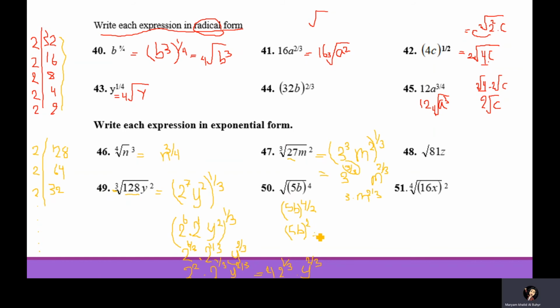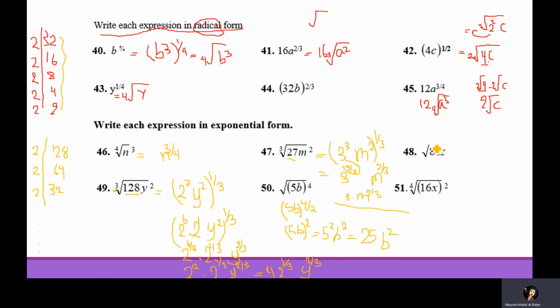I can distribute this. That's so easy to calculate. 5 to the power 2, b to the power 2. So that is equal to 25 b to the power 2. I'm done from this one.